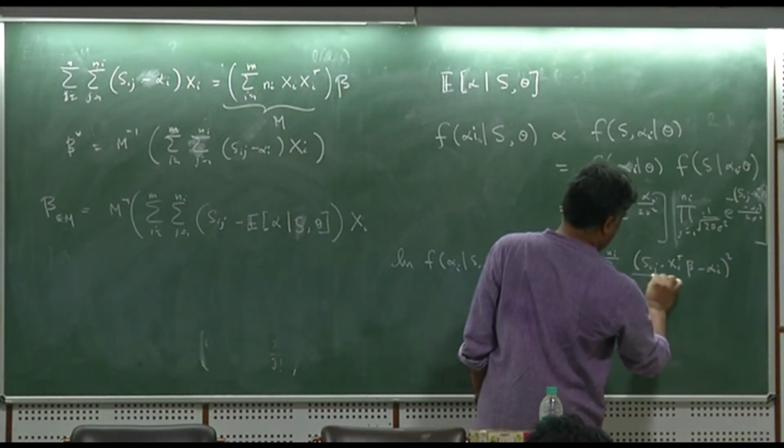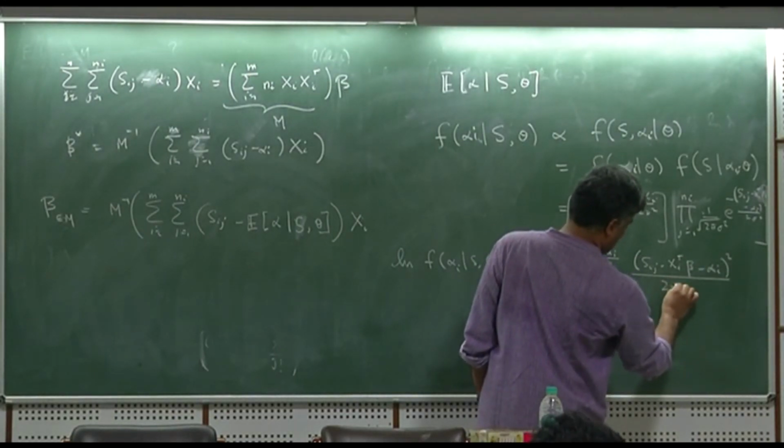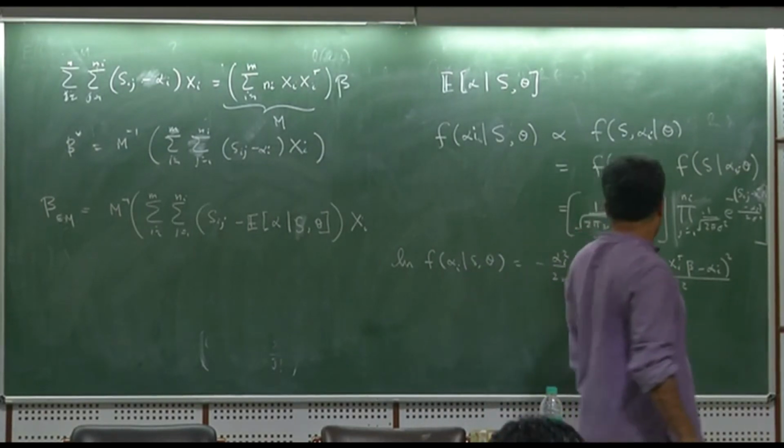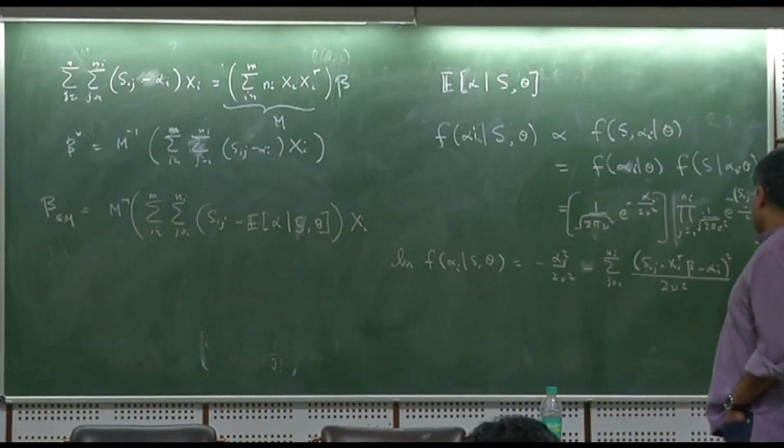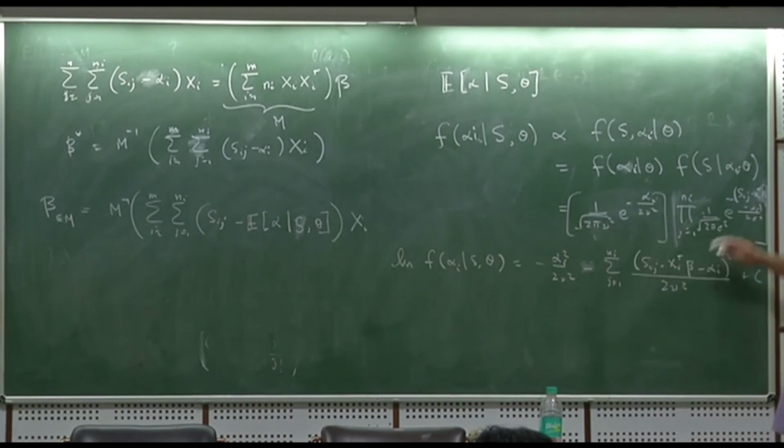Bear with me, this will start to make sense a little bit more, plus some constant which I've ignored. So if you take a log of that, you'll get that expression.